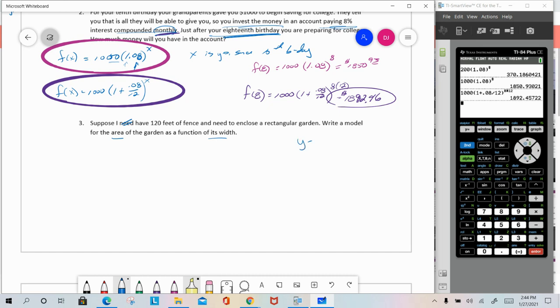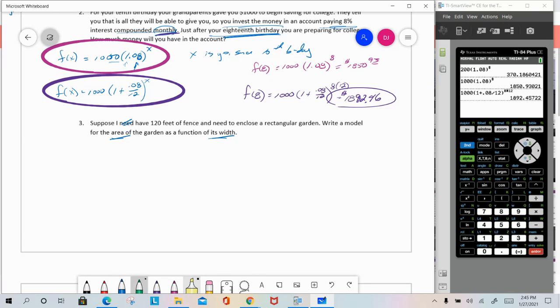If I write y equals 3x plus 6, I've written y as a function of x. So what you'll notice is that to write the area as a function of the width, we're going to have the area equals something with w in it.